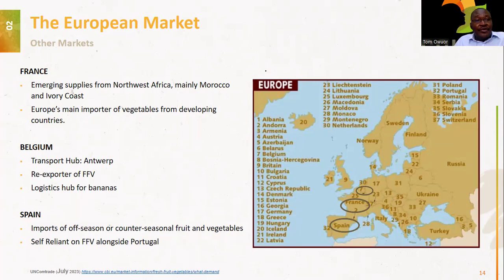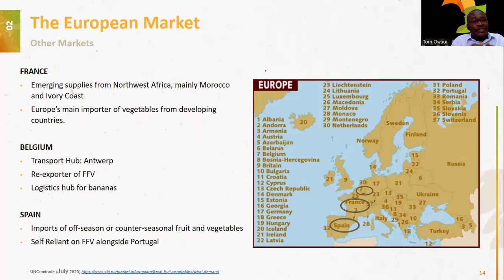logistics hub for bananas. Spain, you will only supply your goods to Spain during off-season. Spain largely is one of the few countries in Europe that have got its sufficiency in fruits and some level of sufficiency in vegetables, alongside, of course, Portugal. So Portugal and Spain are unique because they are somehow self-sufficient in terms of their internal supplies of fruits and vegetables.